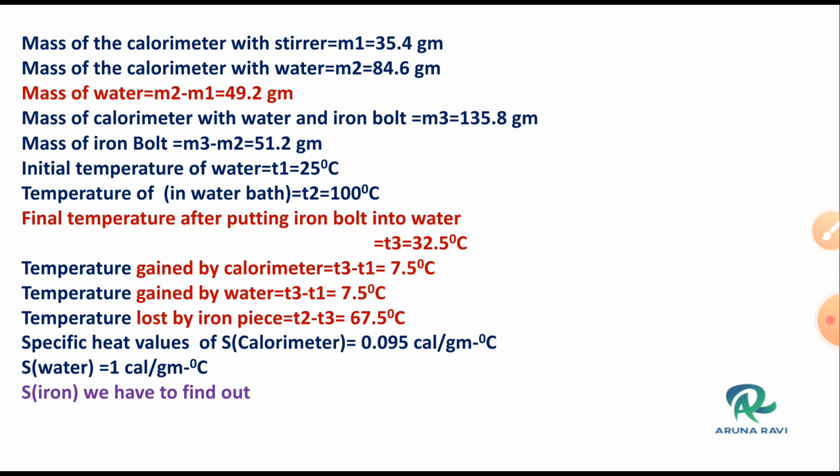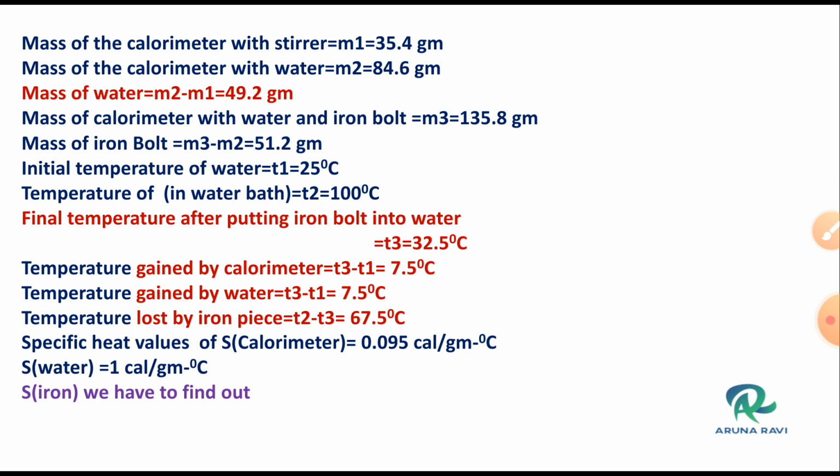In our experimental setup, we got M1 as 35.4 grams, M2 as 84.6 grams, and mass of water, M2 minus M1, as 49.2 grams. The mass of the calorimeter with water and iron bolt, M3, is 135.8 grams, and the mass of the iron bolt, M3 minus M2, is 51.2 grams.